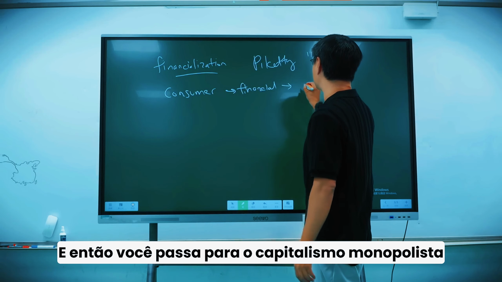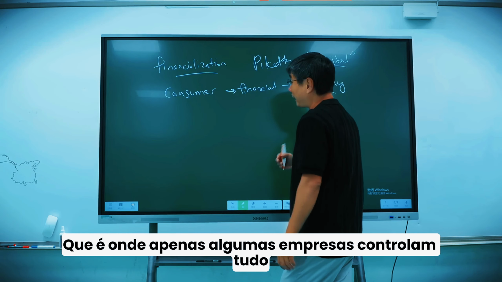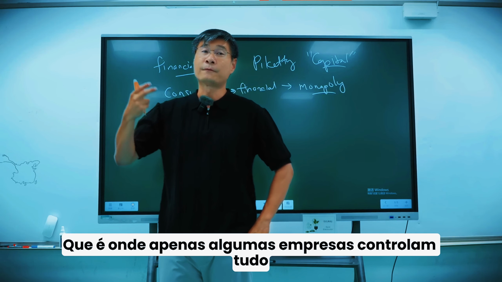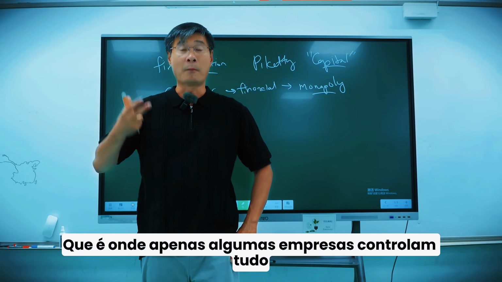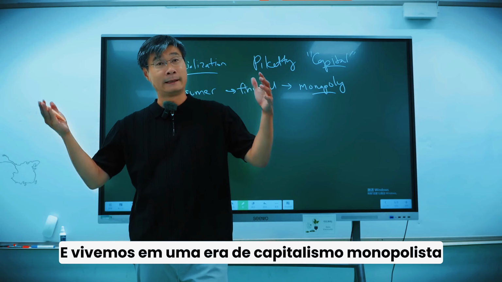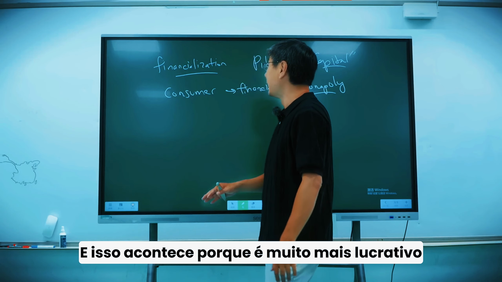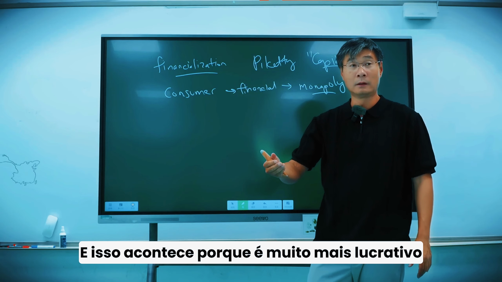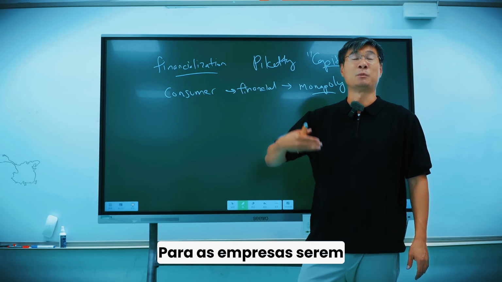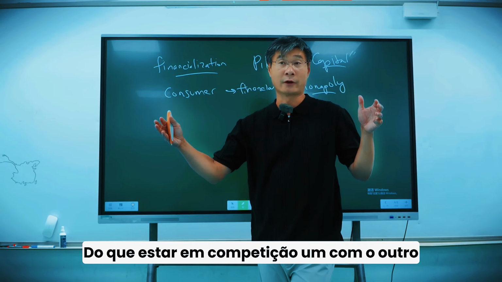And then you move on to monopoly capitalism, which is where just a few companies control everything. And we live in an era of monopoly capitalism. And this happens because it is much more profitable for companies to be monopolies than to be in competition with each other.